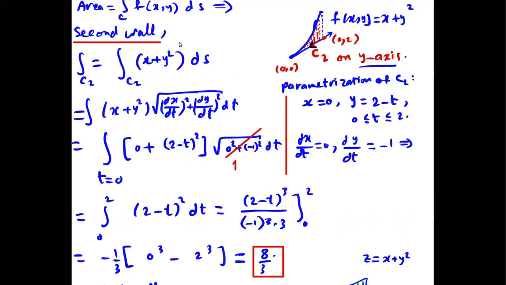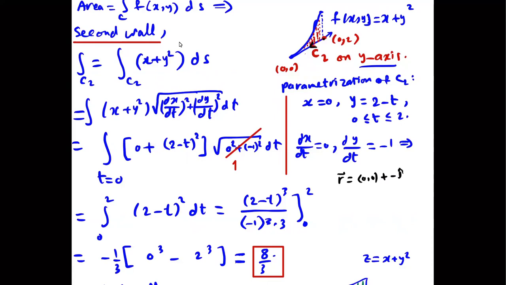You may need to use this equation, the vector equation or the parametric equation. R equals a point on this curve, 0, 0, plus a vector in this direction. The direction is from 0, 2 to 0, 0, which is negative j, and t.